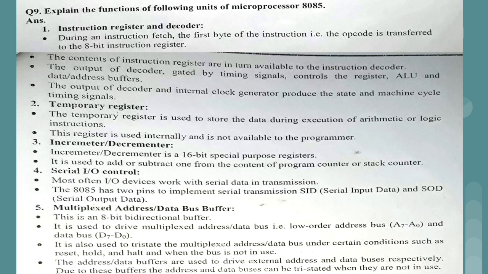Out of these, A0 to A7, these 8 address lines are sometimes used as a data bus. Whenever we want to use the address bus, we make use of all 16 bus lines, because the address bus carries the address, and the address is always 16 bits in size.